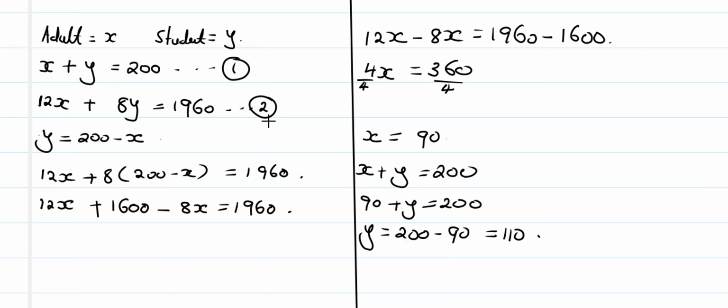So, sorry, I made a mistake here. 90 adult tickets were sold that day, and 110 student tickets were sold that day. Can we try another example?